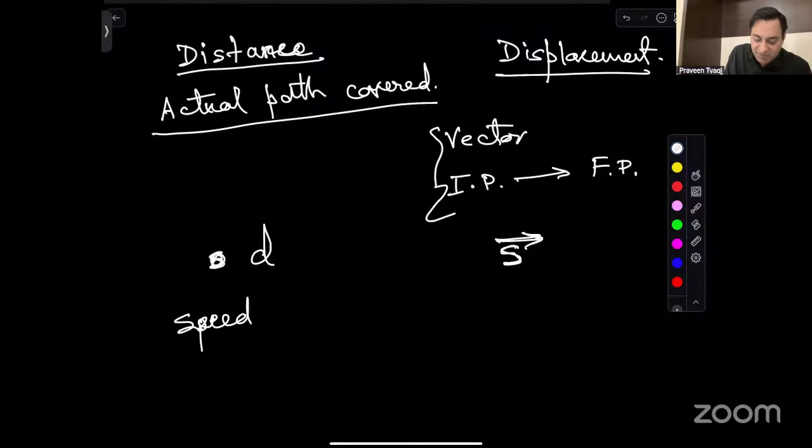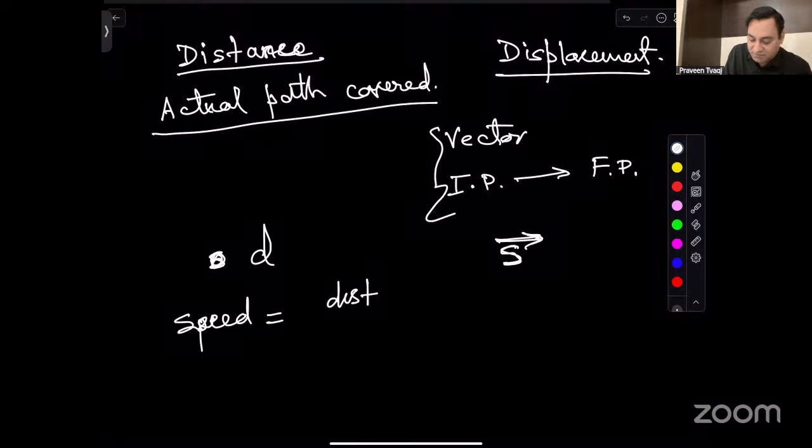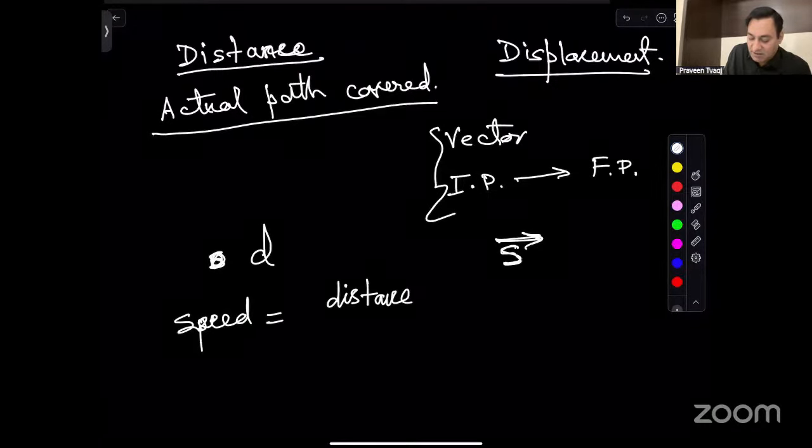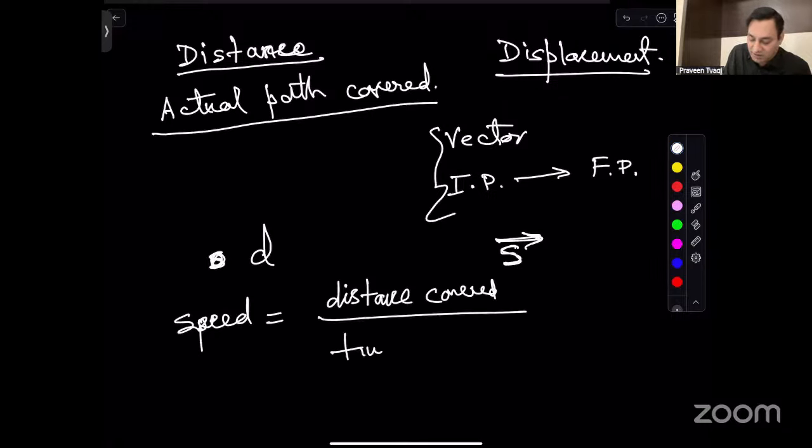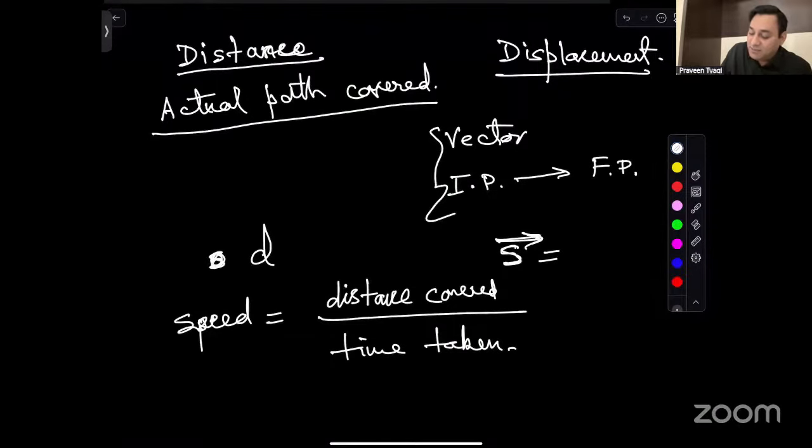Speed is defined as distance covered upon time taken. What is velocity? What is the difference between speed and velocity?